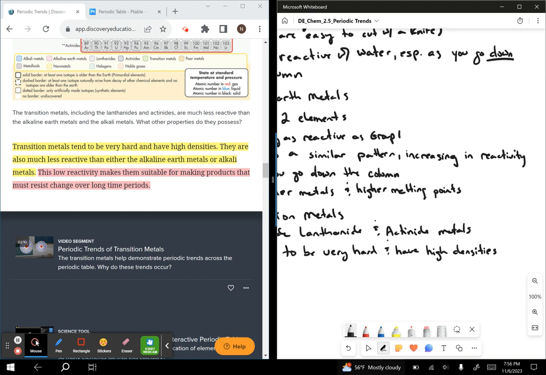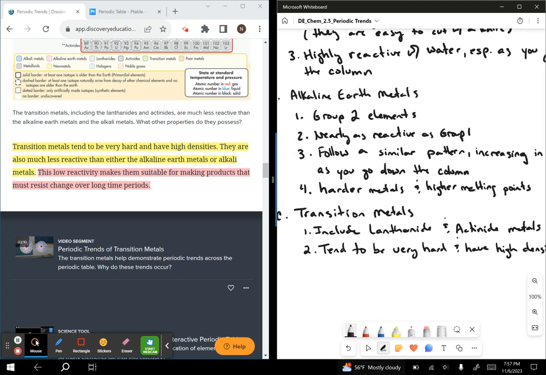They also are much less reactive than either the alkaline earth metals or alkali metals. And this low reactivity makes them suitable for making products that must resist change over long periods of time. Maybe like money, maybe like the plumbing on your house, or the components in your car. All right, so let's go and write that down.